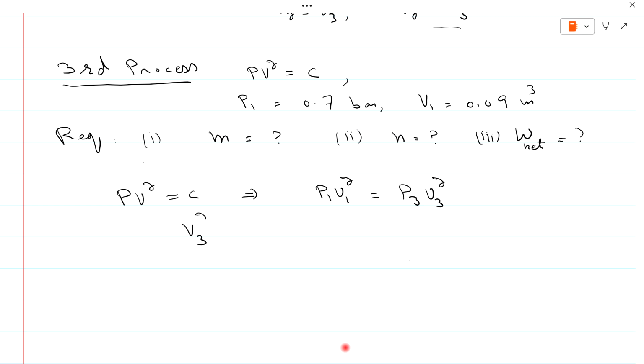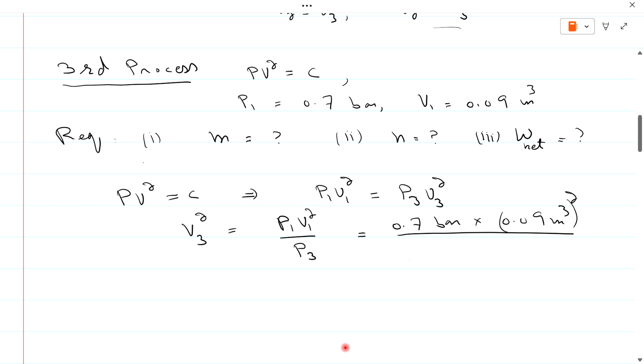So V3^2 is equal to P1 V1^2 divided by P3: P1 is equal to 0.7 bar multiplied by V1 is equal to 0.09 meter cube, whole square, divided by P3 is equal to 3.5 bar.